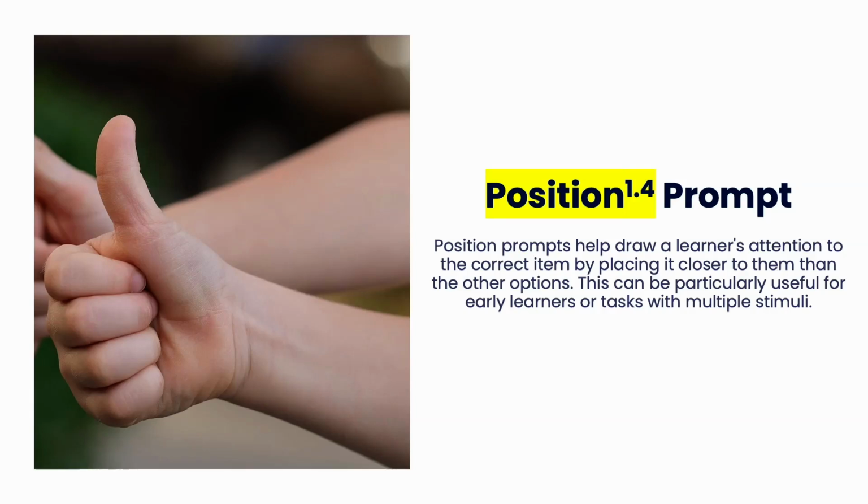If you're doing a task analysis for washing clothes and you have a bottle of detergent and a bottle of fabric softener, and this step is the detergent, you would put the detergent closer to the person than the fabric softener. It's endless the ways that you can use positional prompts to make sure that they give the correct response.